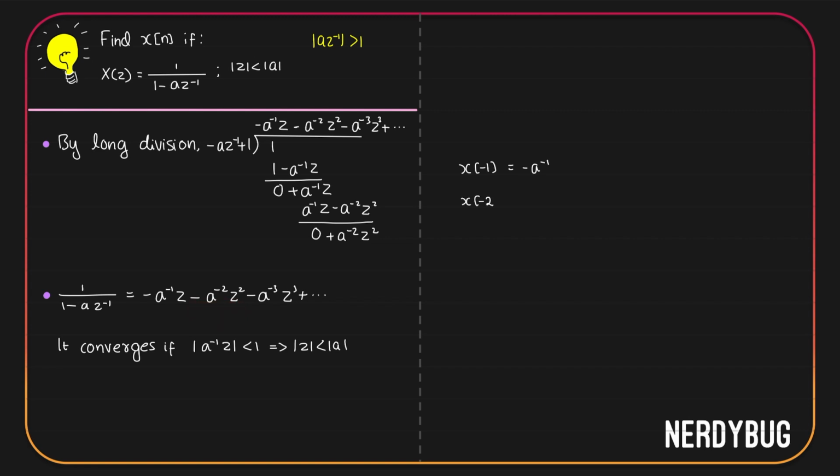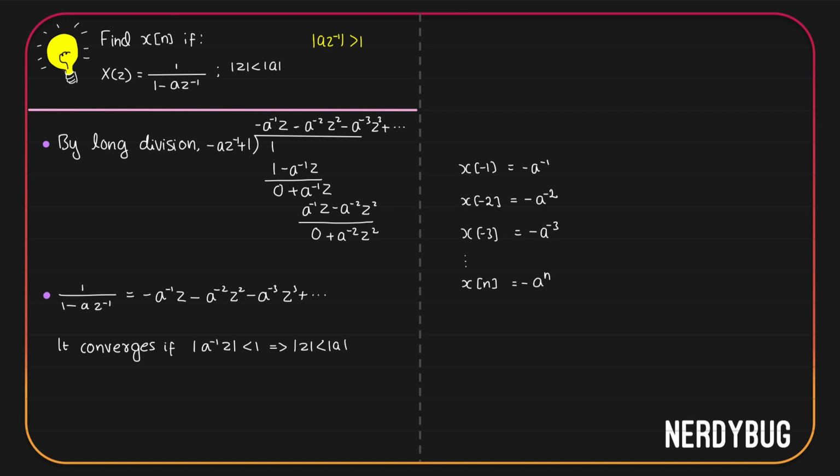So we get x of minus 2 is minus a raised to minus 2. Coefficient of z cube is x of minus 3. So we get x of minus 3 is minus a raised to minus 3. It goes on like that. So we can write the nth term x of n is going to be minus a raised to n.